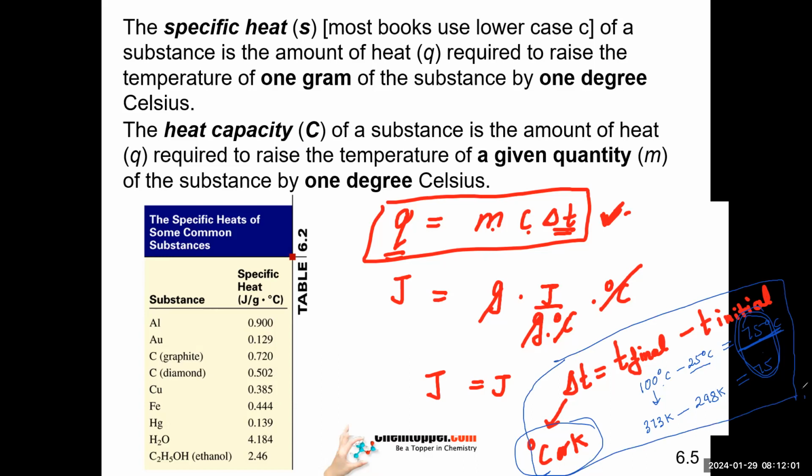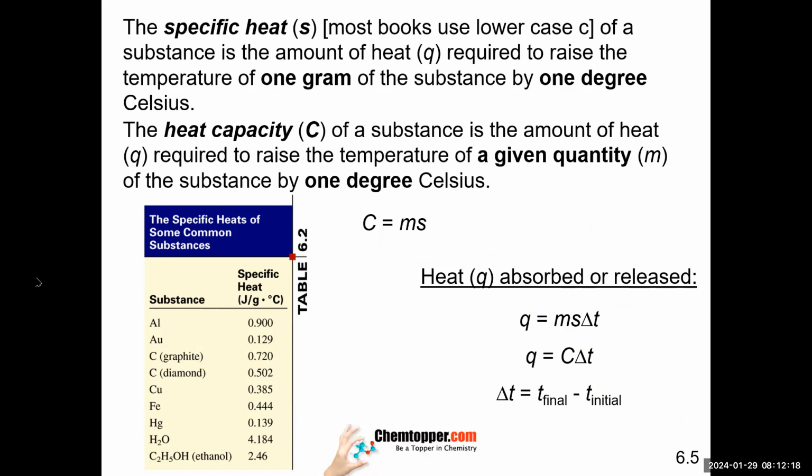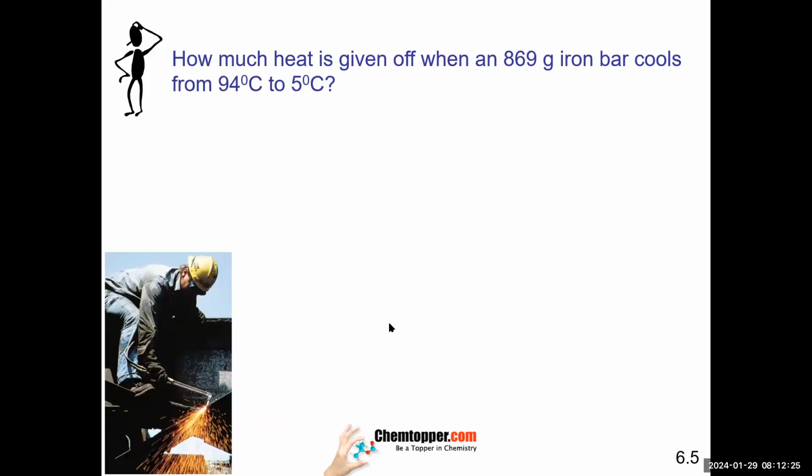So in cup calorimeter and in bomb calorimeter, when you are working with delta T, you can take temperature in degree Celsius or you can take in Kelvin. You will get the same answer. So don't worry about the units here. Heat capacity, I'll explain once we do the bomb calorimeter. Can we do this question?